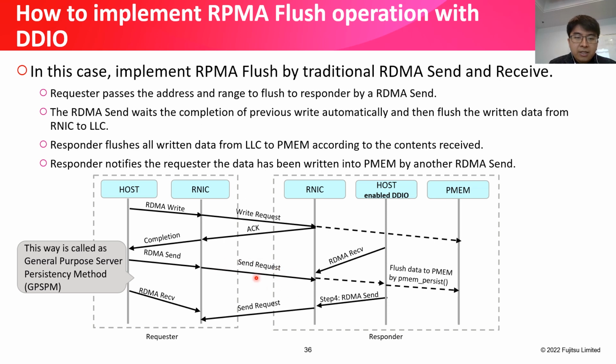The RDMA send waits the completion of previous write automatically and then flush the data from RNIC to the LLC. Responder flush or return data from LLC to PMEM according to the contents received. Responder notifies the requester the data has been returned into PMEM by another RDMA send.